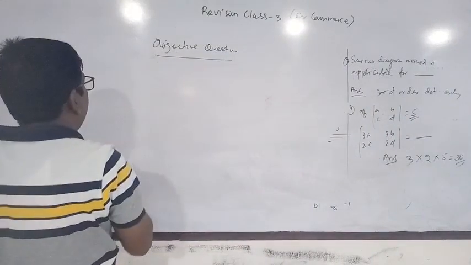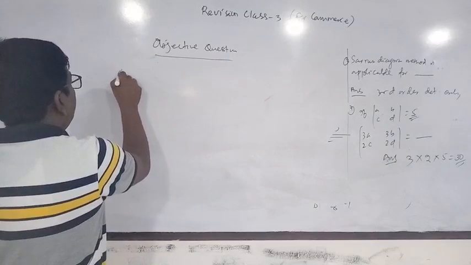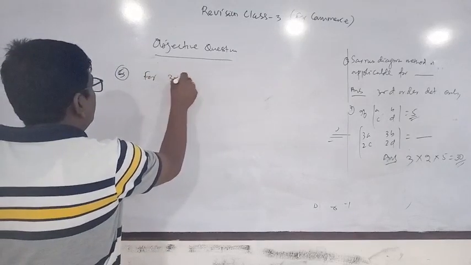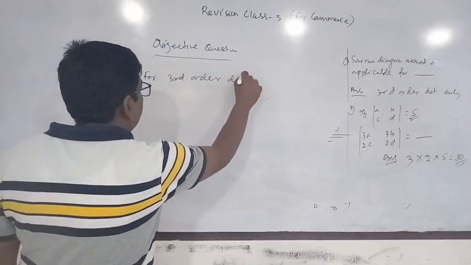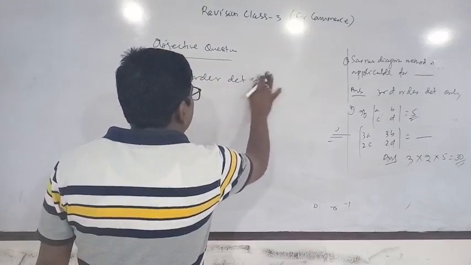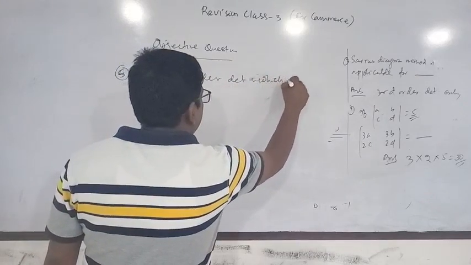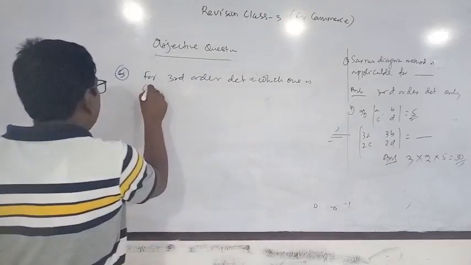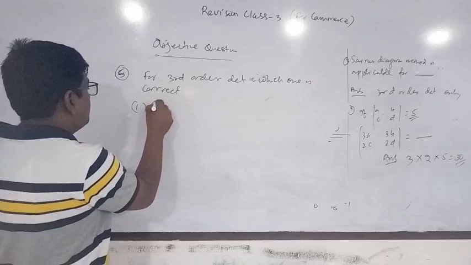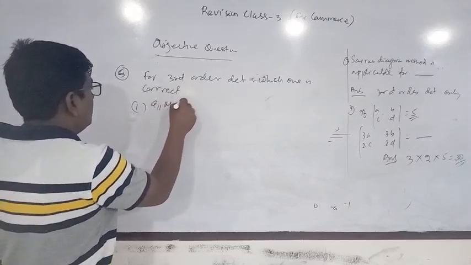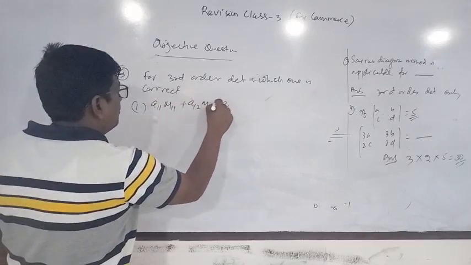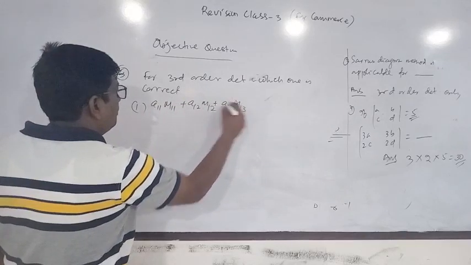This is question number 5. For a third order determinant, which one is correct? The first option is A11 M11, A12 M12, A13 M13.